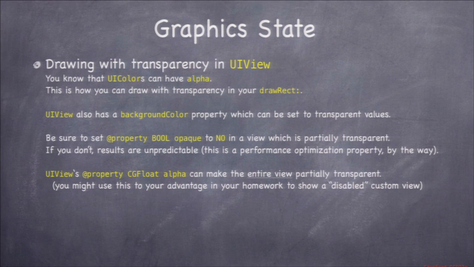If you set it to 50%, then everything in your view will be 50% see-through. Right? 50% transparent, or 20%, or whatever percent you want. That's the entire view, no matter what's going on inside. And of course, you have transparent colors that you could draw with, fill with, stroke with, whatever, to draw transparently that way as well. So there's a lot of ways to draw transparently in your view.